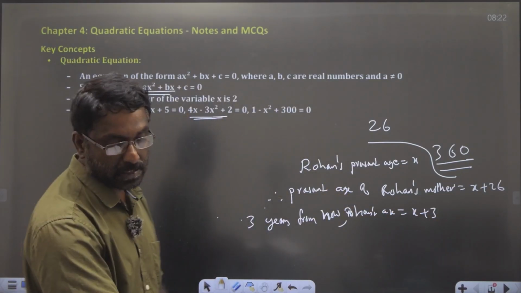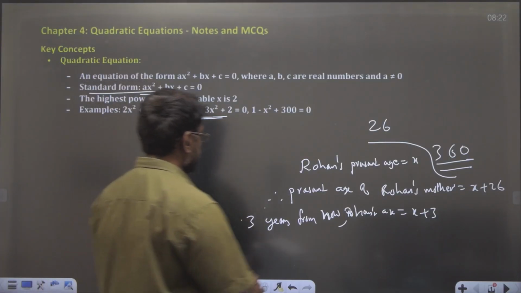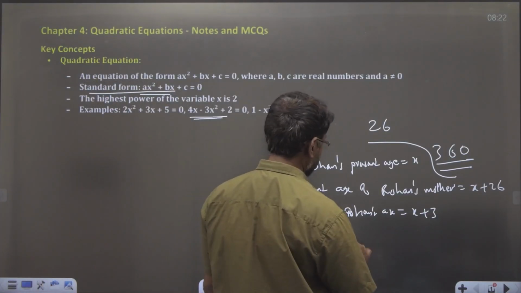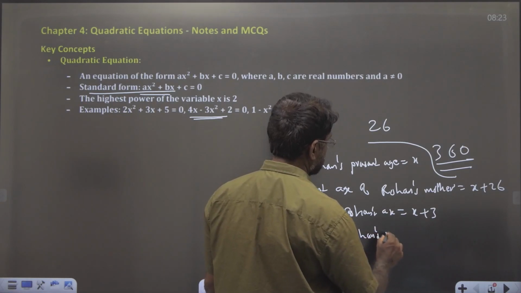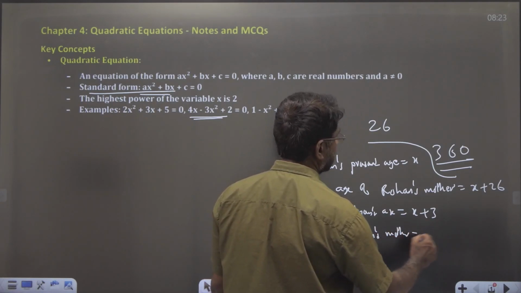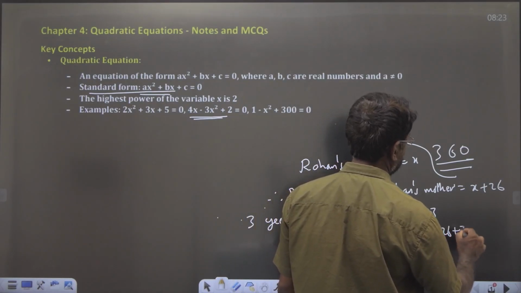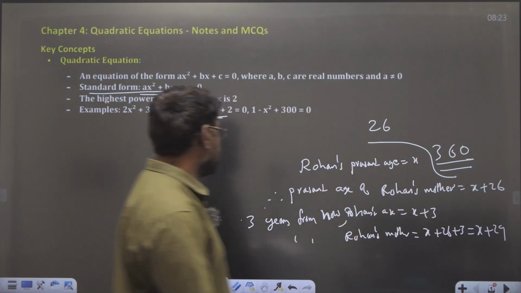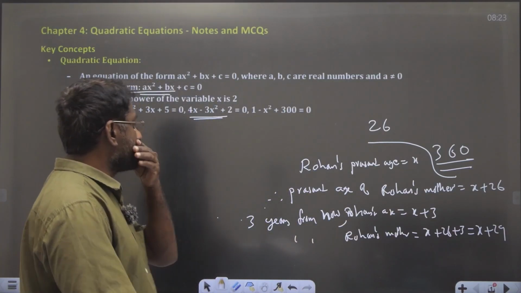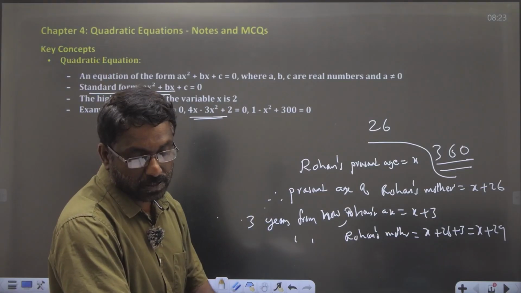Then the age of Rohan's mother will be x plus 26 plus 3, that is x plus 29. After 3 years, Rohan's mother's age will be x plus 29.